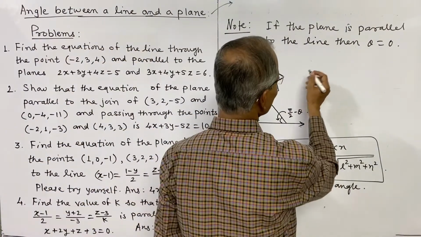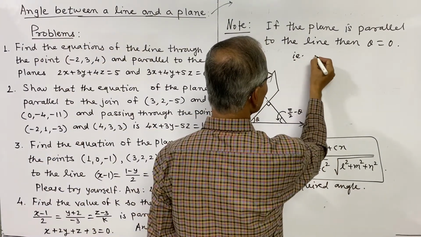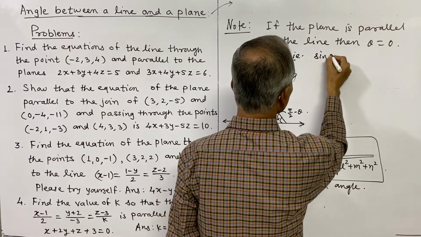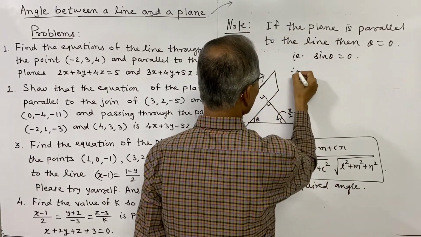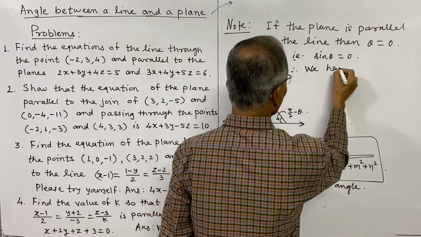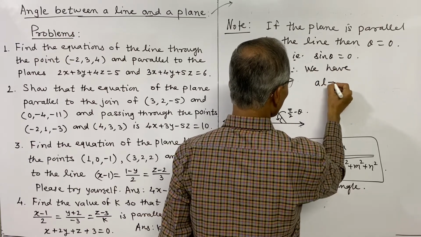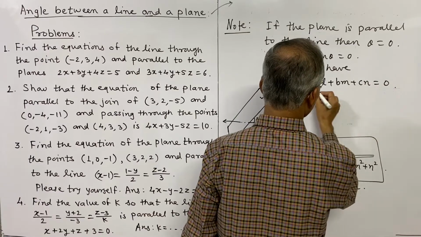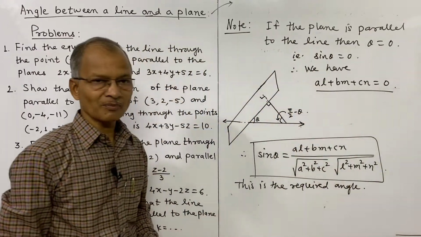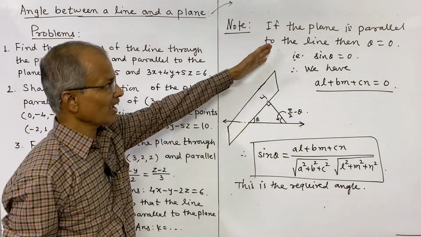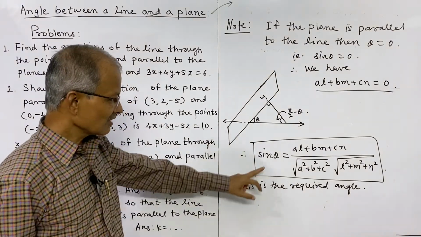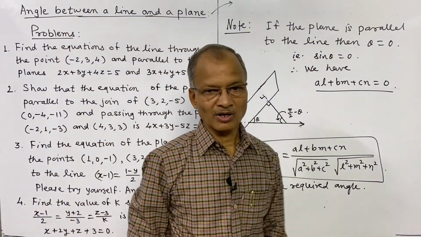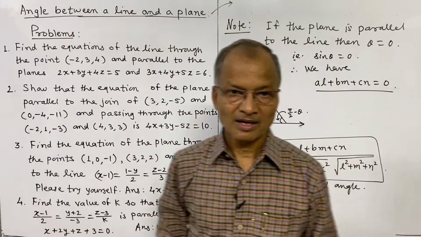Therefore A into L plus B into M plus C into N is equal to 0. This is the simple result when the line is parallel to the plane. Thus this is the formula that we have obtained for the angle between a line and a plane.